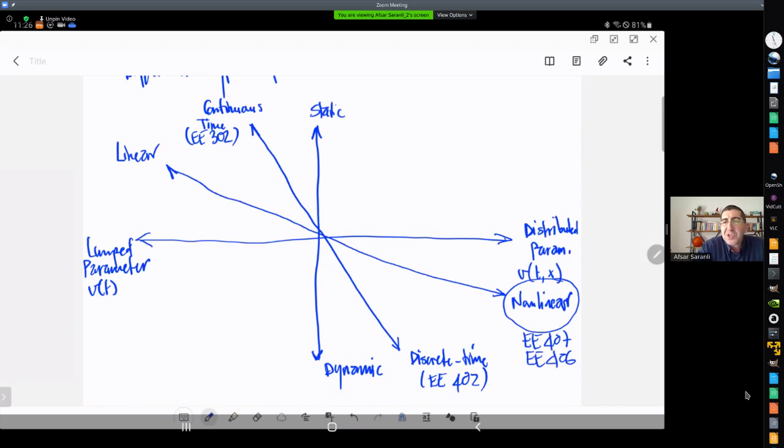So what's the property of a linear system? It is the superposition property. If you apply one input U1 and you get an output Y1, and you apply another input U2 and you obtain a response Y2, then if you input to this system a linear combination of U1 and U2, like A times U1 plus B times U2, the response to this combined input signal will be a similar combination of the output responses.